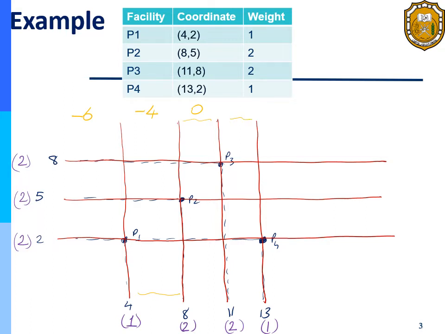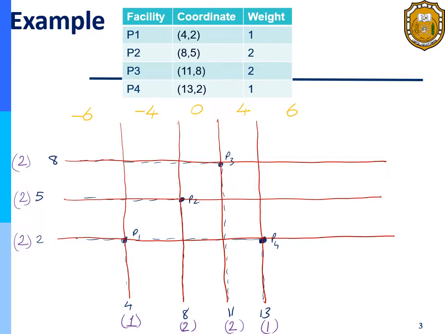And this one, to the left I have 5, and to the right I have 1, so left is positive, right is negative, it means that it will be 4. And the last one, to the left I have 6, to the right I have nothing, so it will be plus 6. So these are the net pull values for the columns.